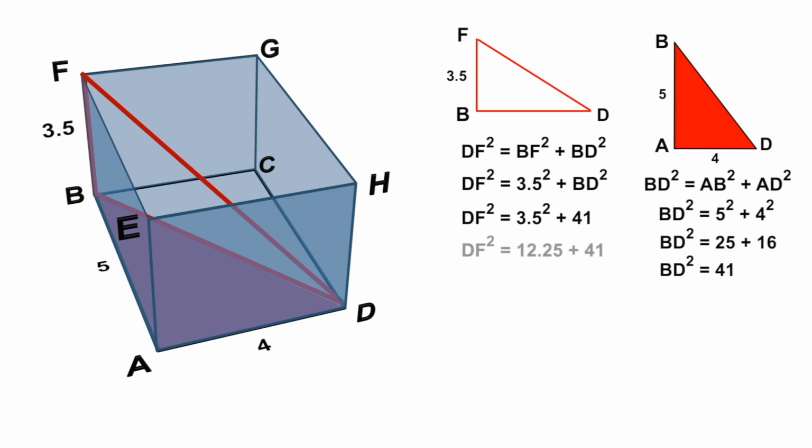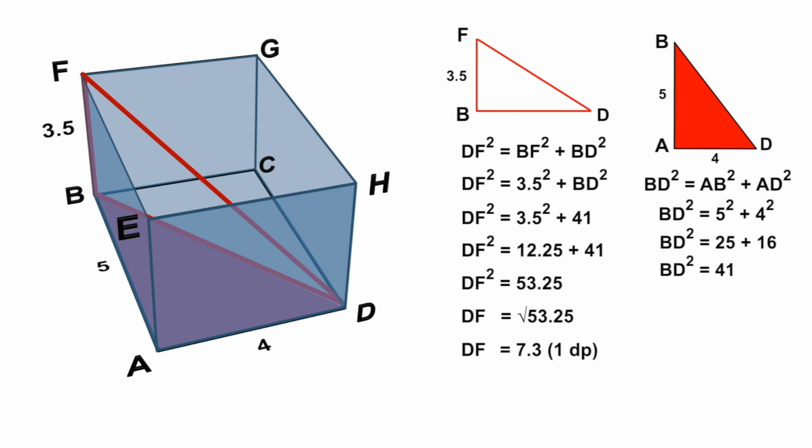So we now have 12.25 add 41. And this is equal to 53.25. Therefore, DF squared is equal to 53.25. And DF must be equal to the square root of 53.25. And this is equal to 7.3 to 1 decimal place.